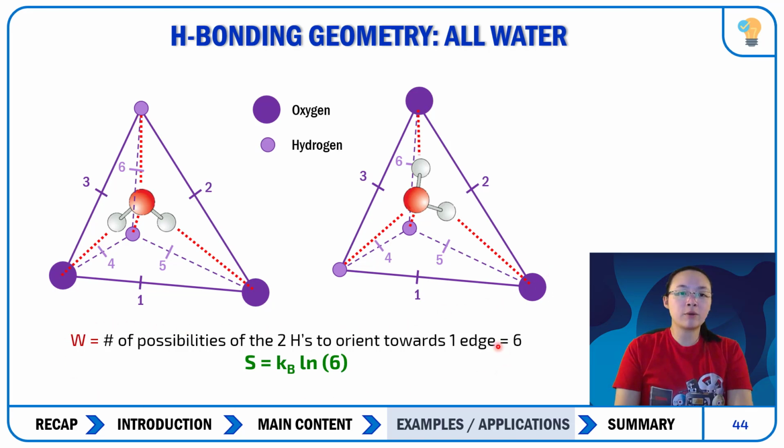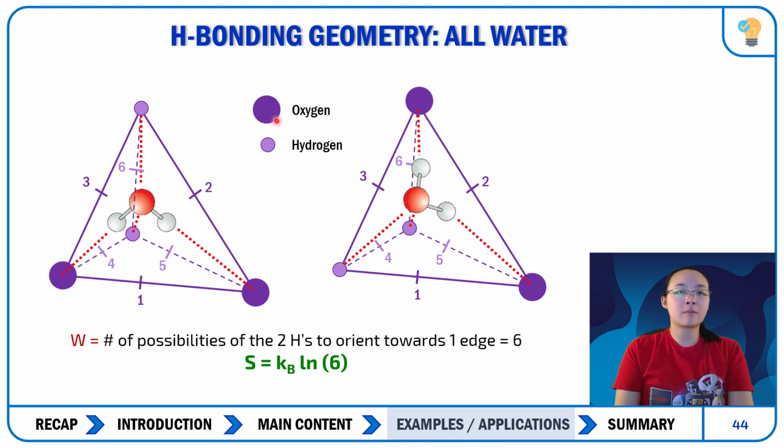We now want to figure out the multiplicity of, or basically the number of possibilities of the 2 hydrogens to orient themselves. So in this case, we're assuming there's just water molecules at the corners of the tetrahedron.